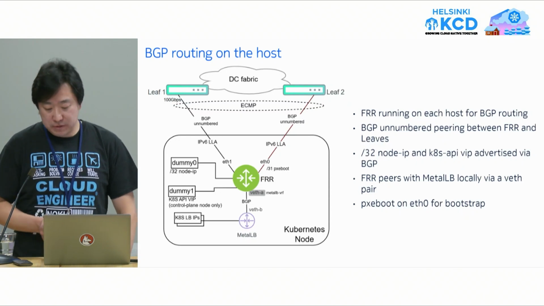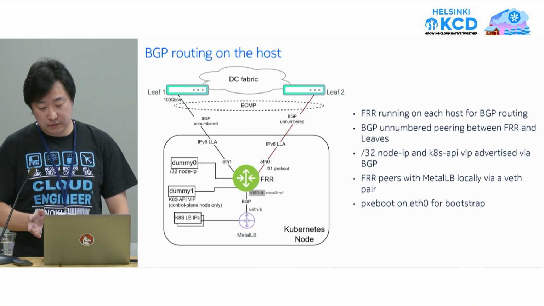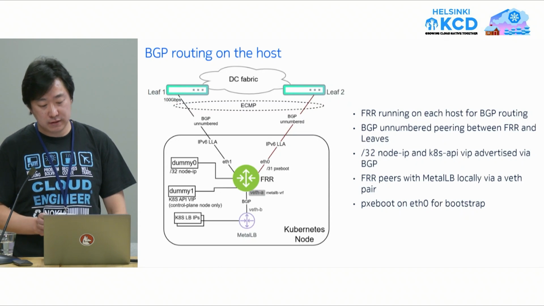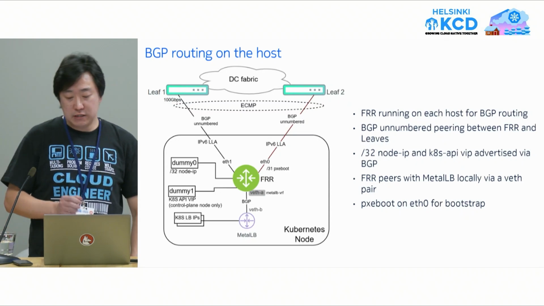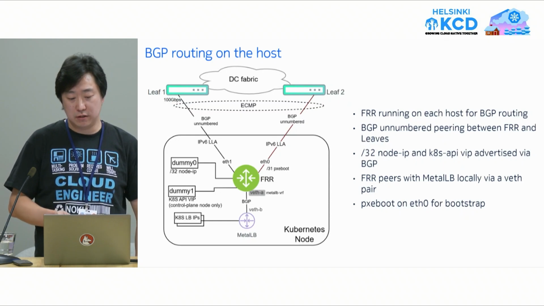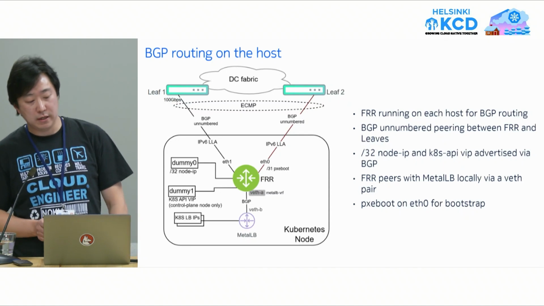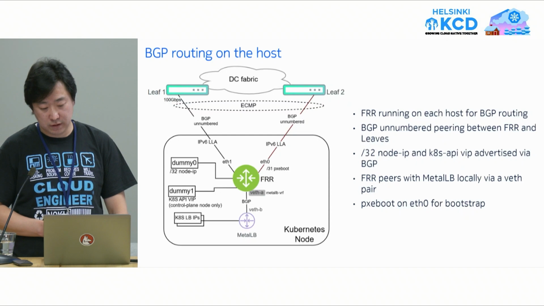And to bootstrap the cluster, we need to set a /31 IP range for first interface, ETH0 here. That is used to PXE boot the server and get OS installed. But that is used only during bootstrap. During the runtime, the BGP routing is the only network we have here.